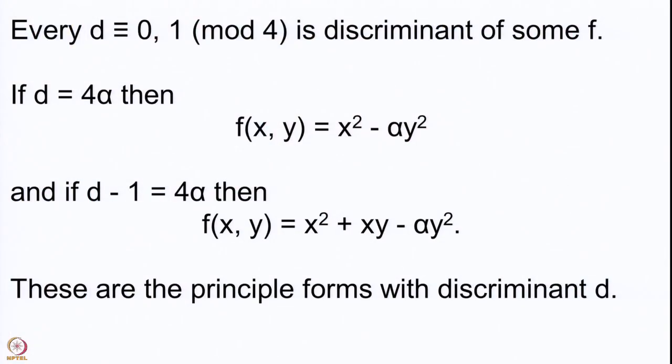These are the forms we would associate naturally to these discriminants, and so they have some names. These are called principal forms with discriminant D. So, whenever we have a discriminant D and we talk about the principal forms associated to D, you should immediately see whether D is 0 mod 4 or 1 mod 4.